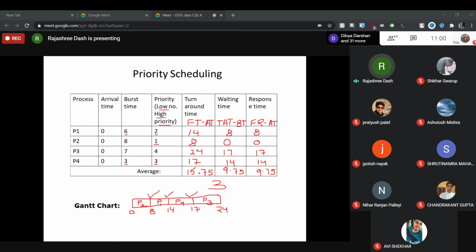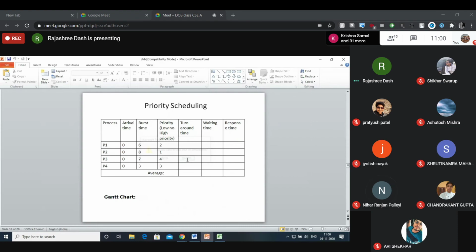Going through your notes, tell me. 5. And in the non-preemptive scheduling, the same problem that we solved, how many context switches occurred there? 4. So for all the questions we are going to solve after this, also try to calculate the context switches.